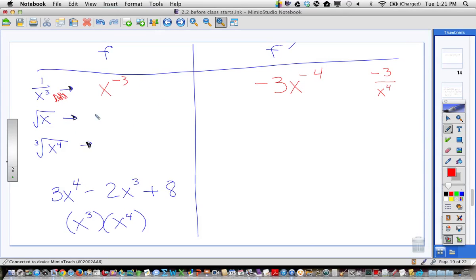All right, what about square root of x? We first make that x to the 1/2. So we're going to get into fractional powers. This works. X raised to a numeric power gives you this. So that would be 1/2 x to the negative 1/2, right?